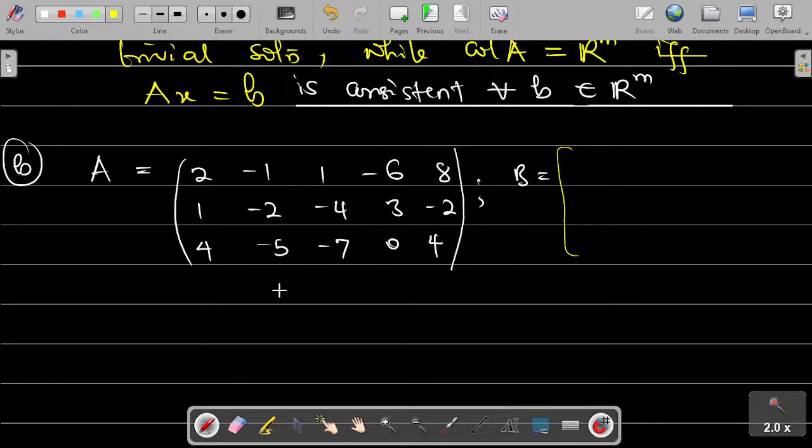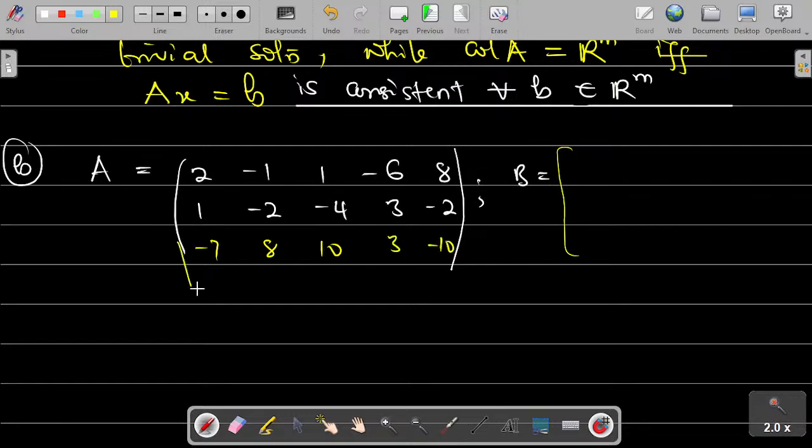Oh, sorry. This A actually has 4 rows. Which one did I omit? Okay, 1, minus 2, minus 4, 3, minus 2. Okay, I omitted the 3rd row. The writing was mixed up. Okay, so here we have minus 7, 8, 10, 3, minus 10.